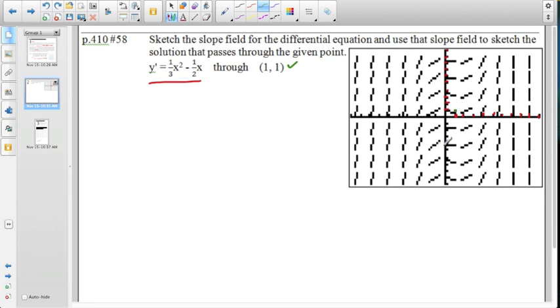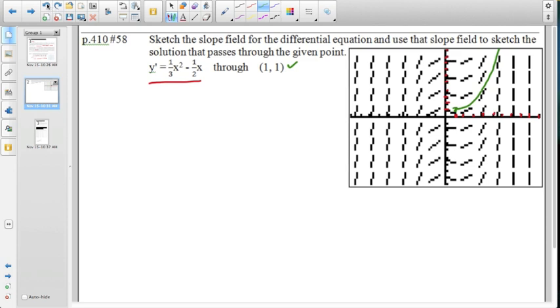If we then draw the solution that passes through that point, basically all we're trying to do is match the value of the slope of the tangent line, so we're following the contour of that slope field as we go through the point on the slope field.